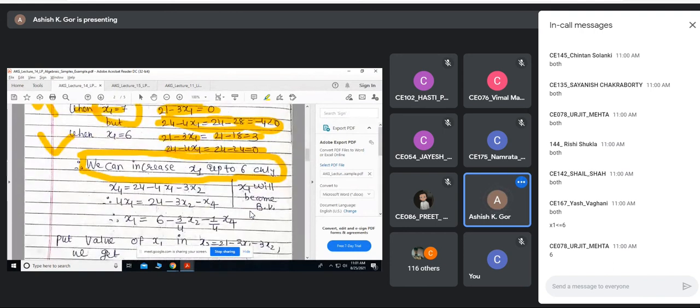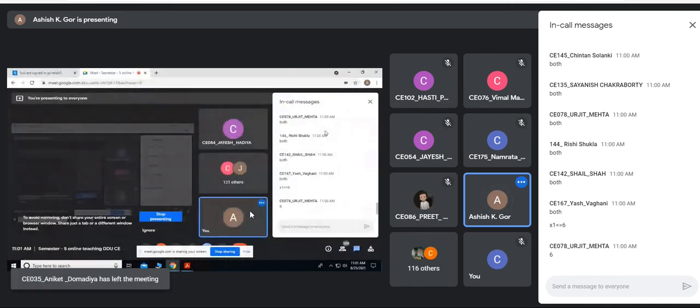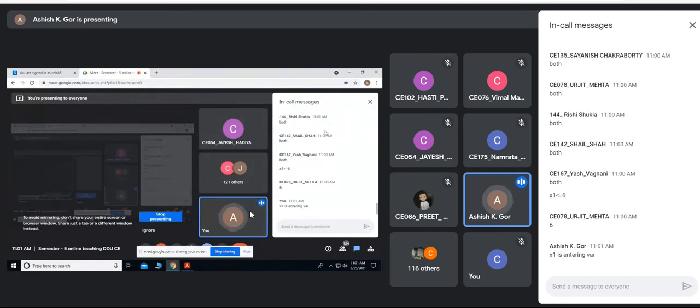Okay. So now this will be a basic variable. This will be called an entering variable. Remember, x1 is known as the entering variable. This is a terminology. x1 comes into the solution. What do you mean by that?